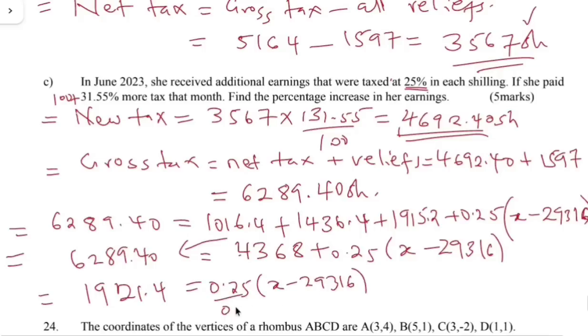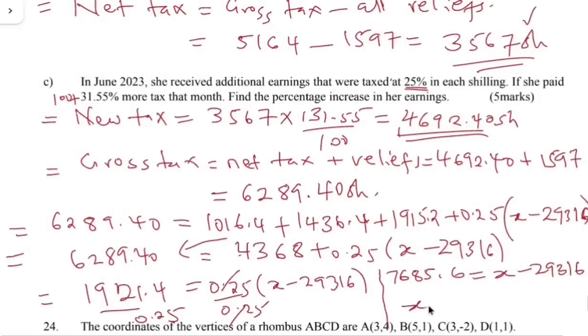So divide by 0.25, divide by 0.25. Okay, so itakupa, kwa sababu watakutoa hiyo 0.25, so just take this divide by 0.25, which gives you around 7,685.6 equal to x minus 29,316.